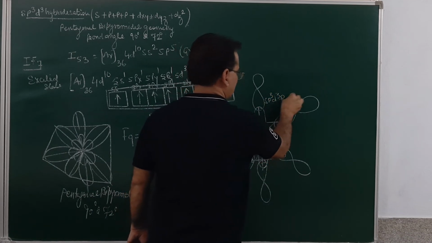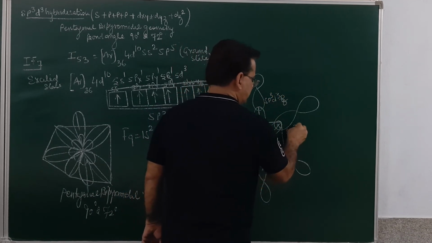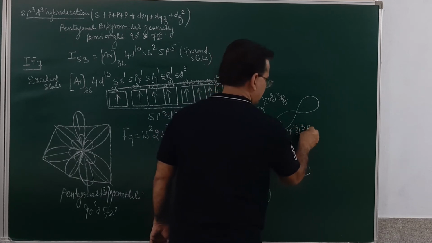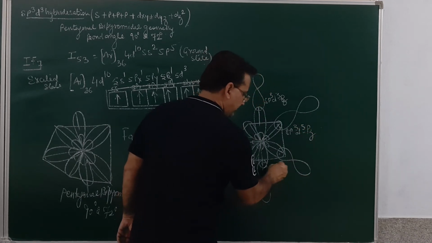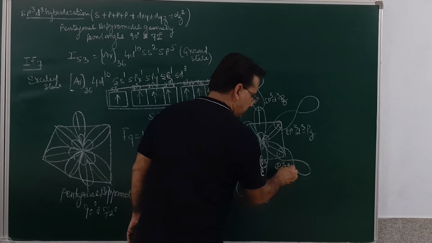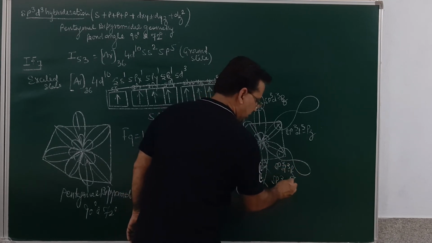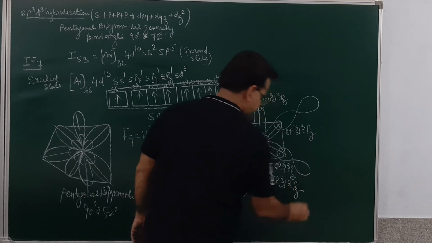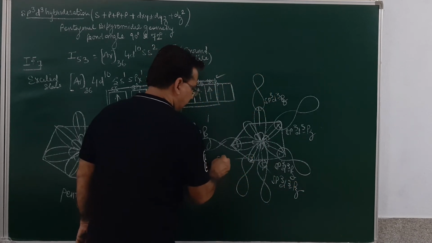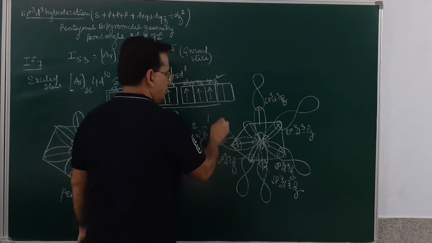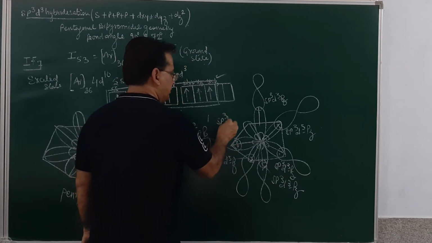This is what bond? sp3d3-pz. Here again sp3d3-pz. This one sp3d3-pz. This one again will be sp3d3-pz. This again will be sp3d3-pz.